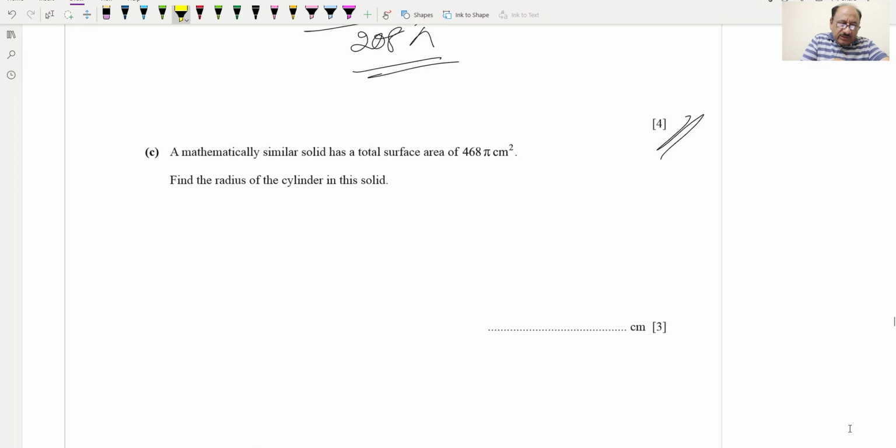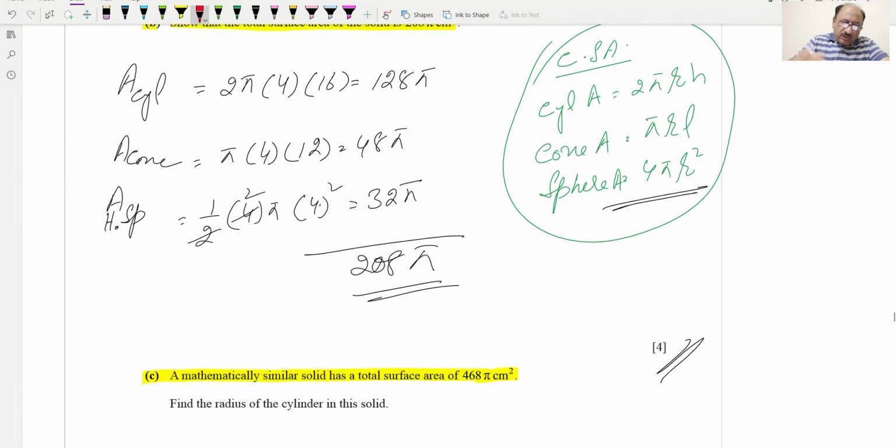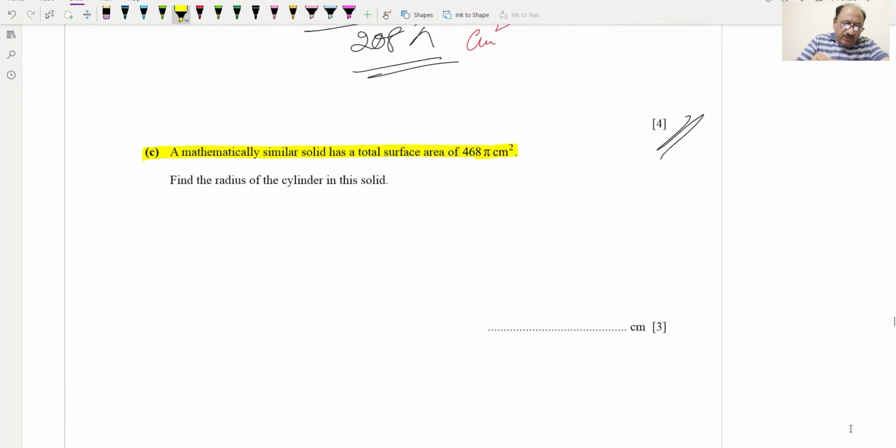C part, they are saying a mathematically similar solid has a total surface area of 468 pi centimeter square. So this one also will have to write centimeter square. Find the radius of the cylinder in this solid. So radius we need to find.